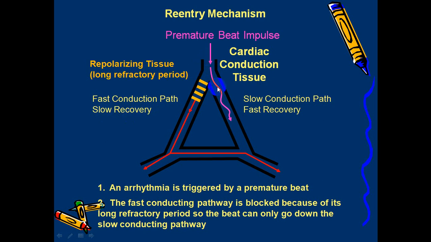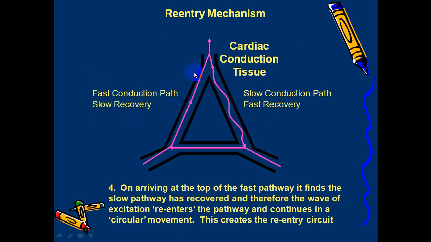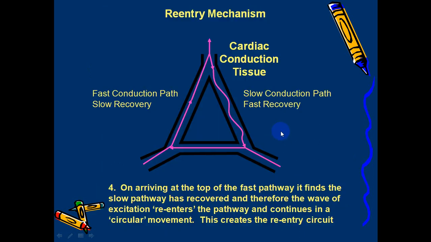It passes slowly down the slow pathway, but its recovery is fast, so it can pass down. So it passes down, and some comes into the fast conduction. At that time, the refractory period is over, so it is conducted retrogradely. And some go retrograde, others come down the slow conduction.